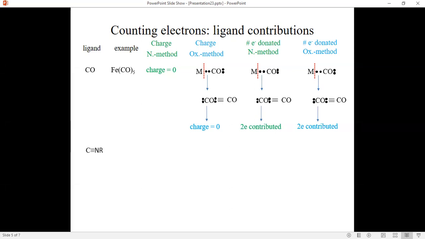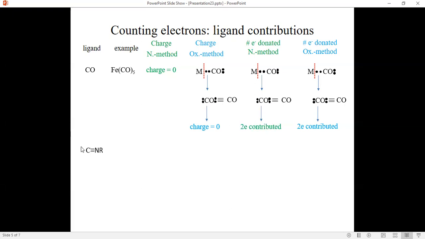Okay, one last example. So here we have a somewhat exotic ligand. This is the isonitrile, an isonitrile as a ligand, where we have here an electron lone pair, actually it's carbon, that can be donated. So formally in an isonitrile, the carbon here has a negative charge and the nitrogen has a positive charge.